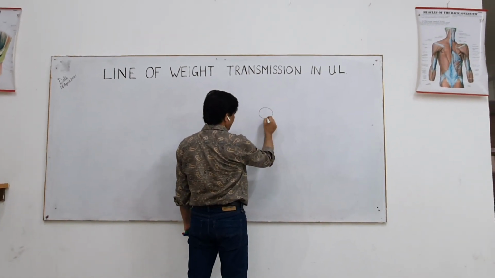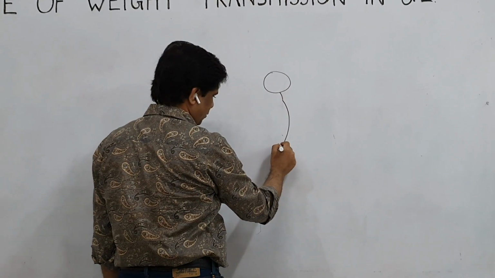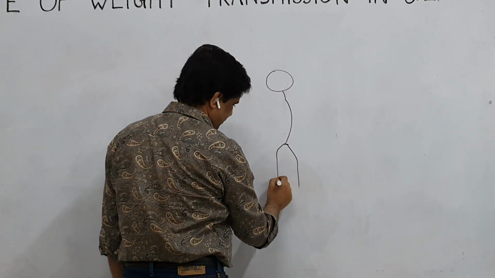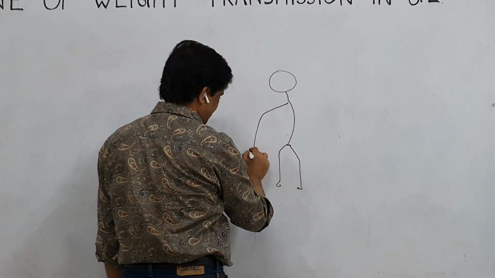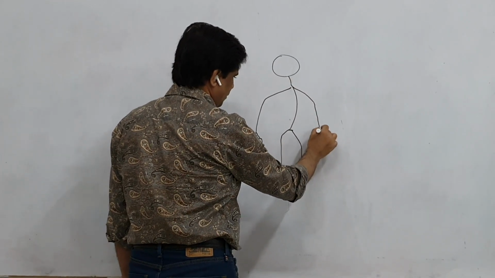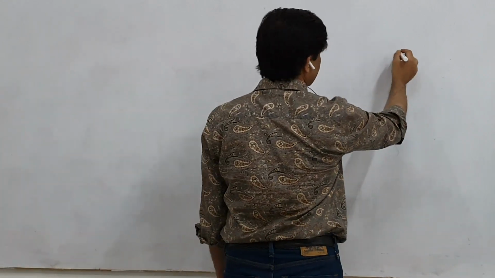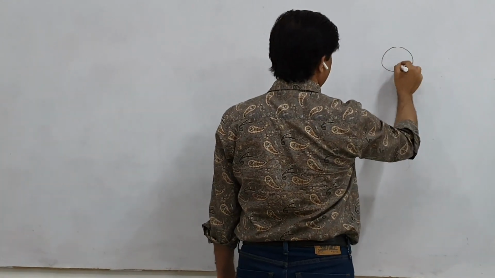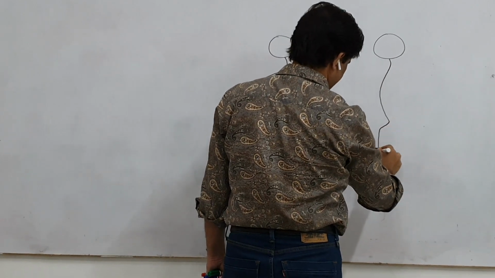Will the person carrying weight like this, let's say a weight here, have the spine like this or like this?